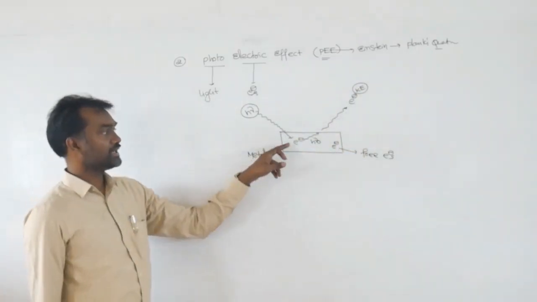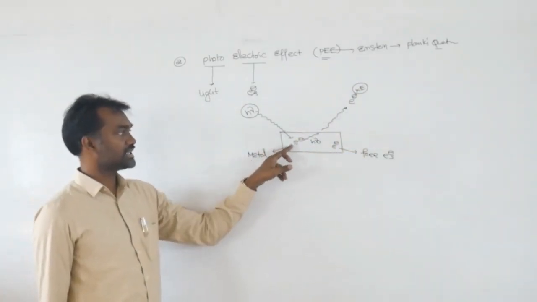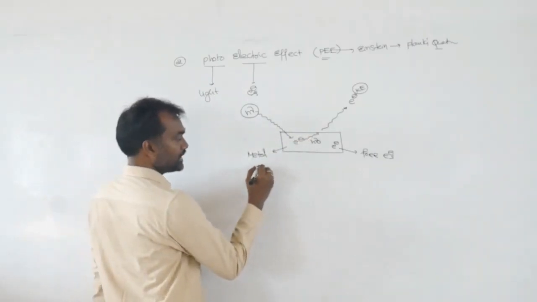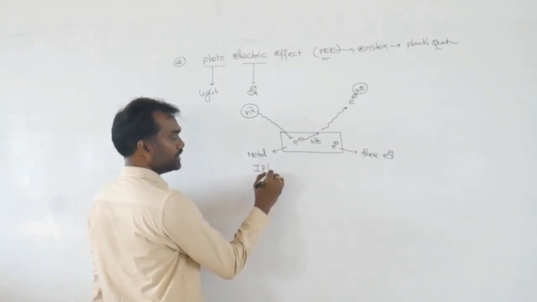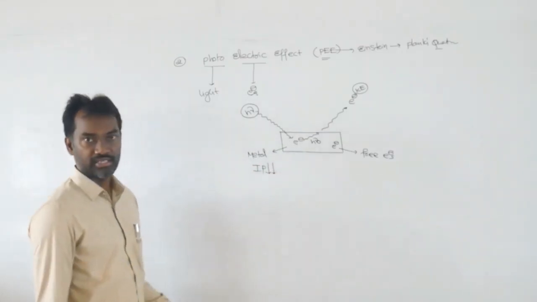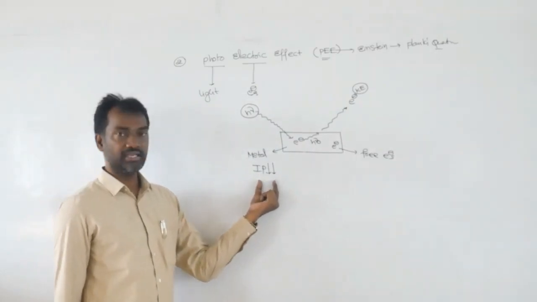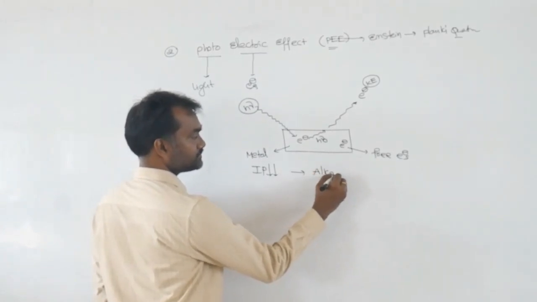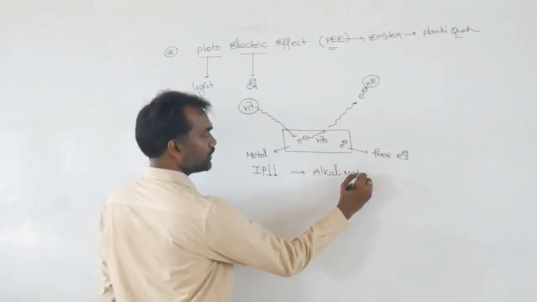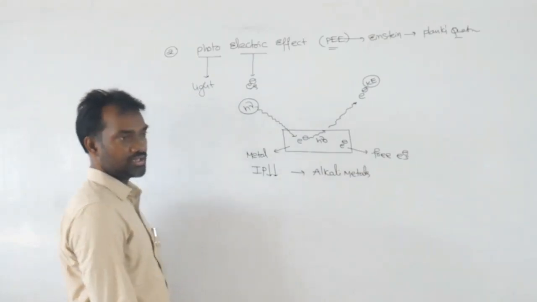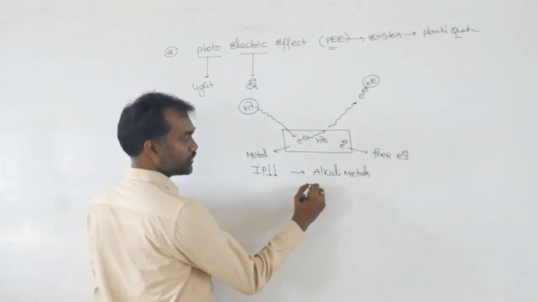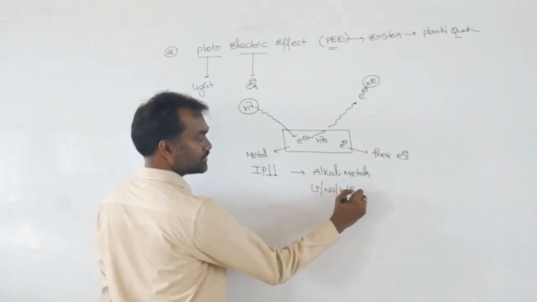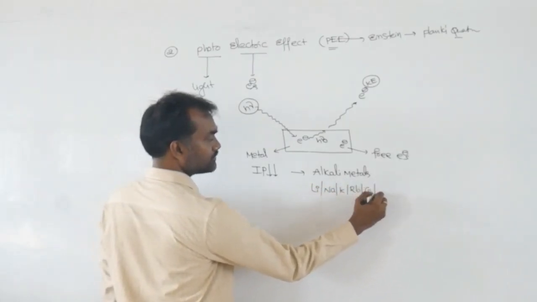See here, the metal which readily loses its electron in the presence of sunlight is the metal which has the lowest IP value, ionization potential. Which metal has the least ionization potential? Alkali metals. Already, what are the alkali metals? Our shortcut is Li Na K Rb Cs Fr: lithium, sodium, potassium, rubidium, cesium, francium.